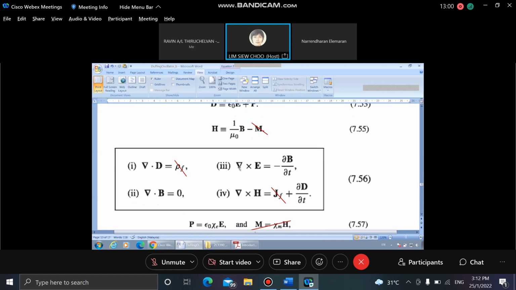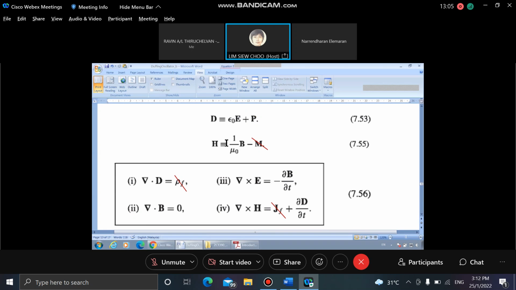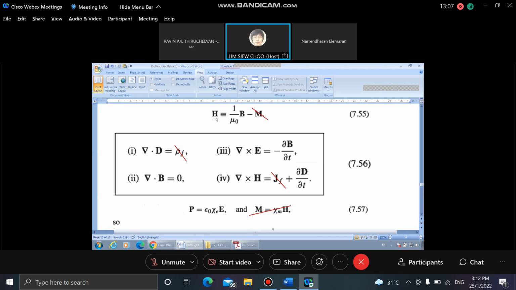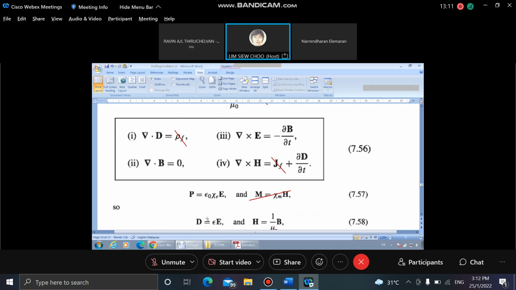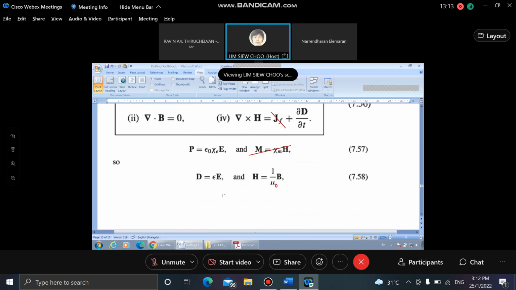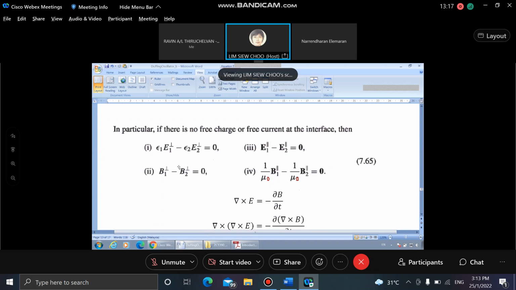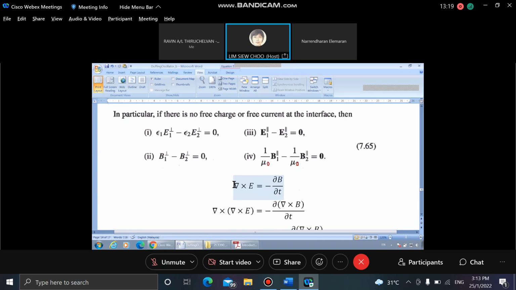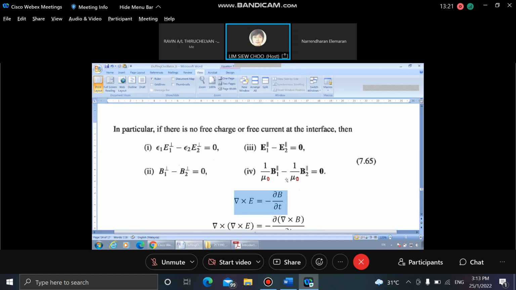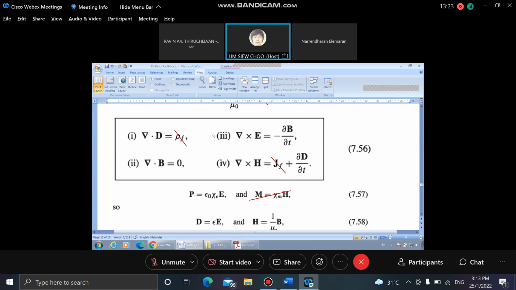If you want to get the wave equation from the Maxwell equations together with the constitutive relations, there are two here, P and D. What you need to do is start from this, curl E. I hope you can see my cursor.